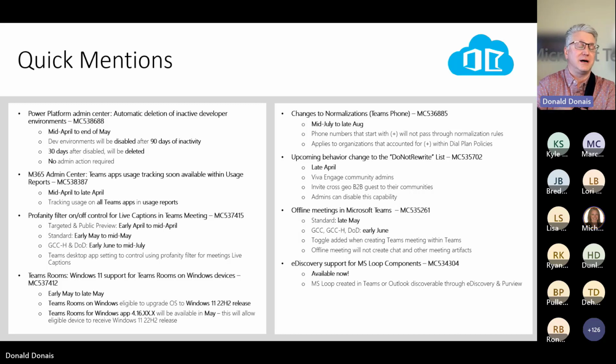There's going to be a toggle added that allows you to make this offline so it doesn't make it an online virtual component, where by default, that's all you can do within Teams, right, is make a Teams meeting, which is virtual. So there's going to be a change in that starting late May, early June for the government clouds, okay? So keep that one in mind, and e-discovery for Microsoft Loop components, which I know my compliance people have been wanting for quite a while.